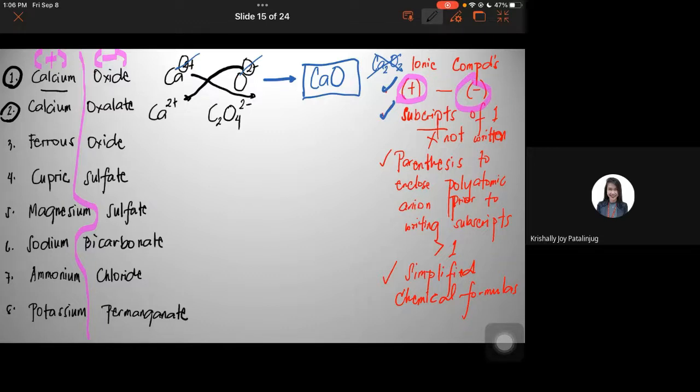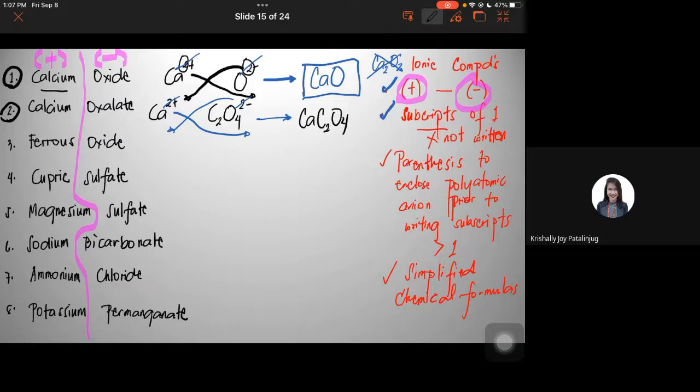Again, observe the numerical value of the charges. They have a common denominator again, so you can simplify that. Cancel them out, so the numerical value of the charge is equivalent to 1. So upon the crisscross method to obtain the chemical formula, the final chemical formula of the compound calcium oxalate would now be CaC2O4.